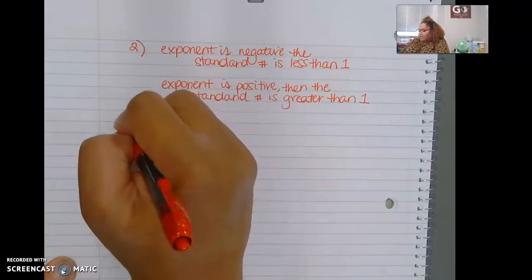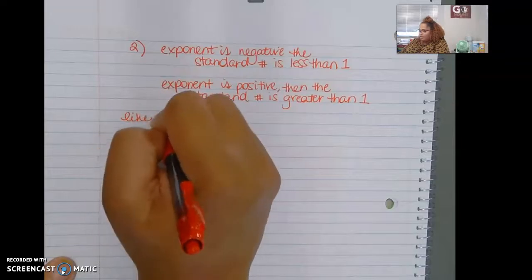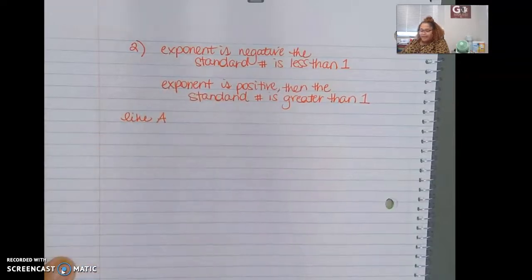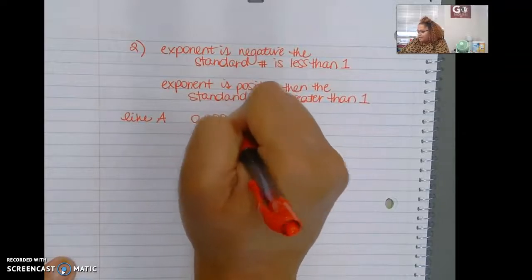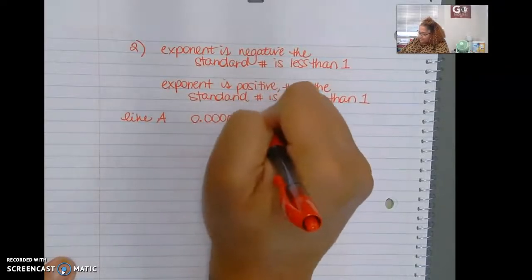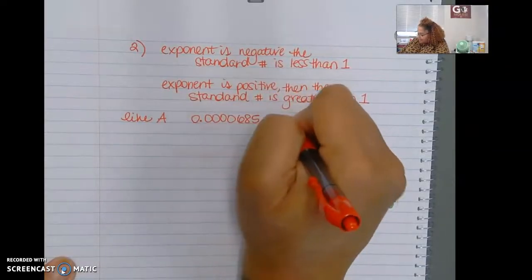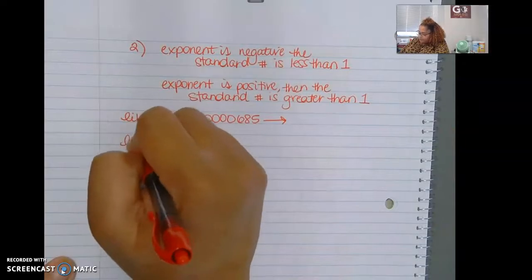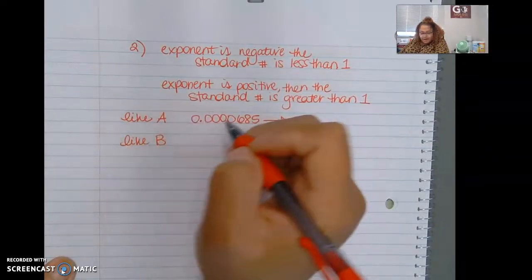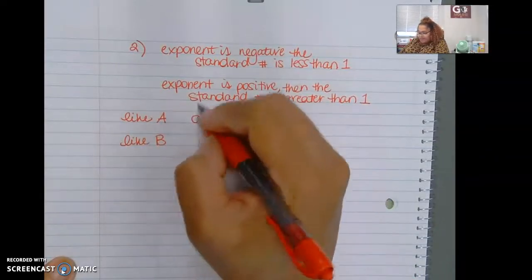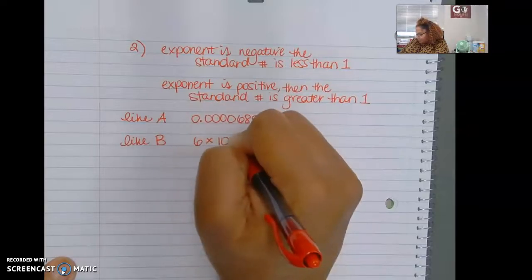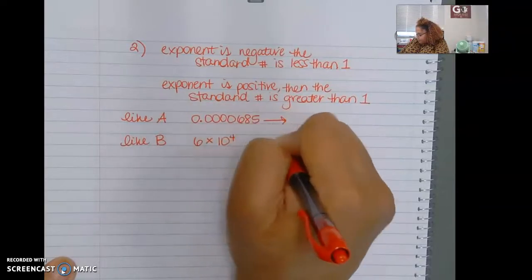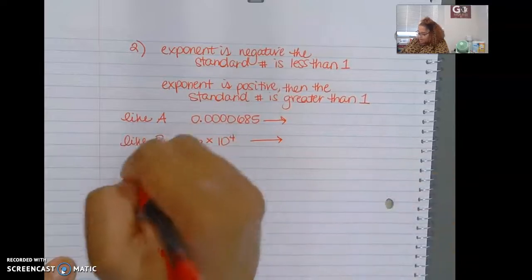I'm not going to do the exact ones on your homework, but I'm going to write like letter A. If I have 0.00000685, then scientifically it would be what? Like letter B. If I'm at 6 times 10 to the 4, then I would convert it to what?